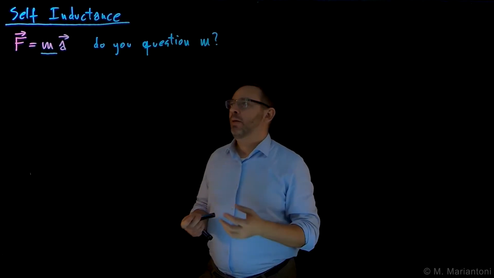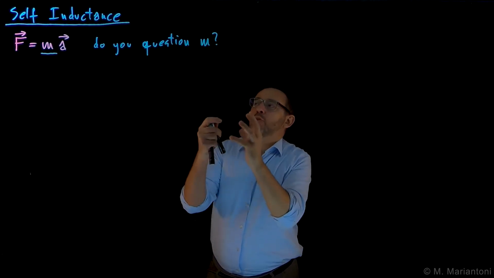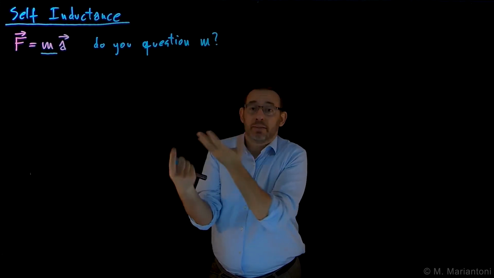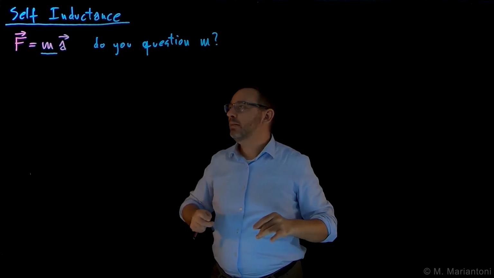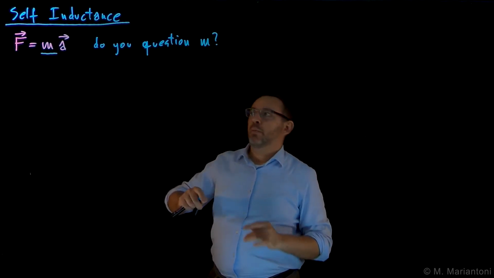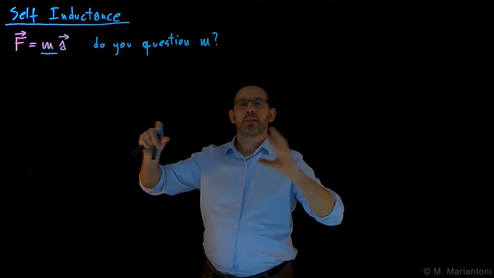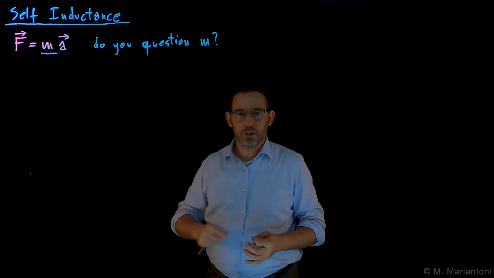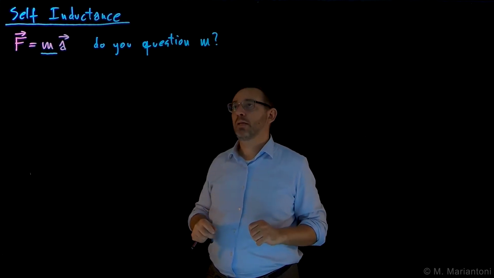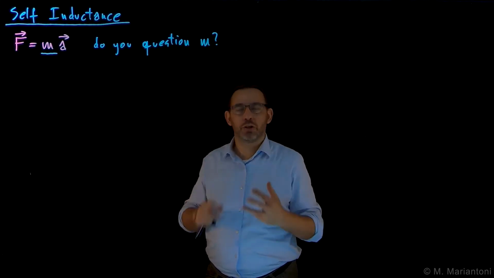I don't think so. m happens to be a proportionality constant between the force and the acceleration. In this case it's a constant, of course; it doesn't change with time, in which case it's more complicated, like in rockets. It's an intrinsic property which fulfills this equation of massive objects in gravitation. So we do not question it.